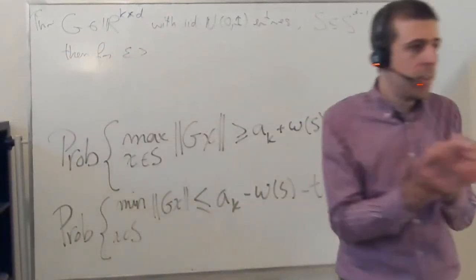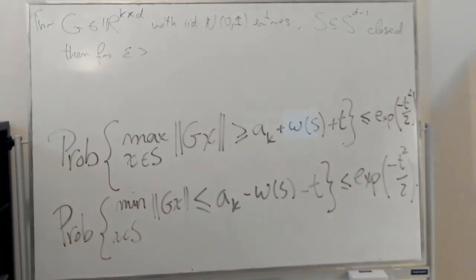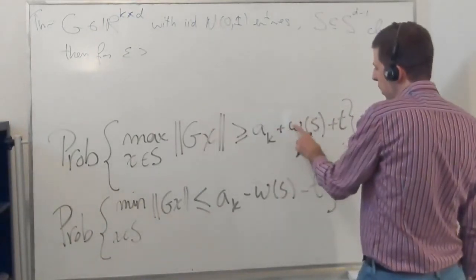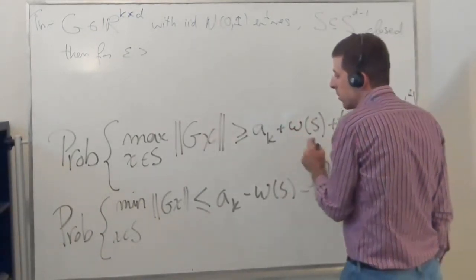we're going to say that the norms are kept up to epsilon. So epsilon needs to be bigger than roughly WS over AK, the level up to which the norms will be kept once I divide by AK.